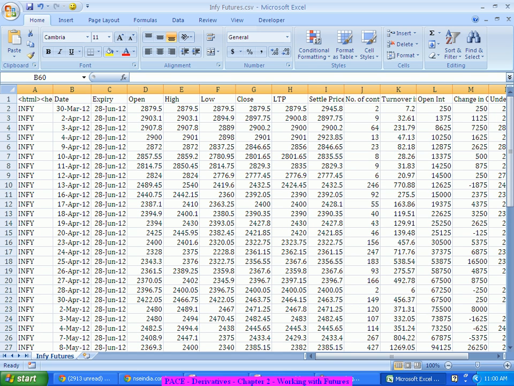Index is more like on a Nifty itself. So it's as good as virtually saying I'll buy one unit of Nifty in future at a specific price. It's as good as saying I'll buy one share of Infosys, one unit of Nifty.